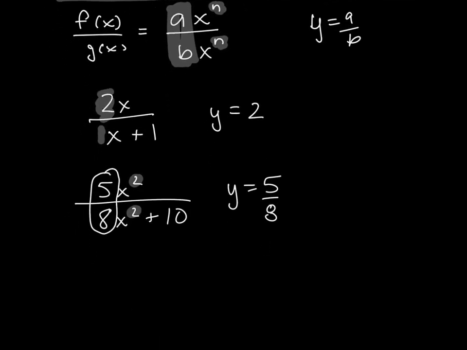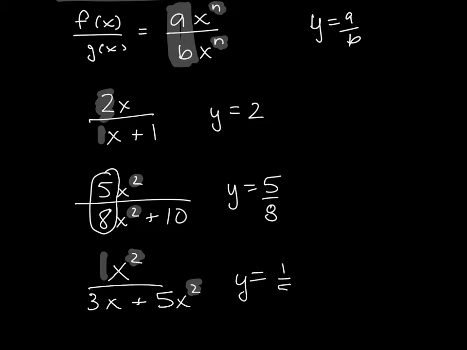Just be careful that you pay attention and they don't try to trick you by order of operation. So if I had x squared over 3x plus 5x squared, remember you're always looking for these matching degrees. And whenever that happens, then you have that horizontal asymptote. In this case, that would be 1/5.